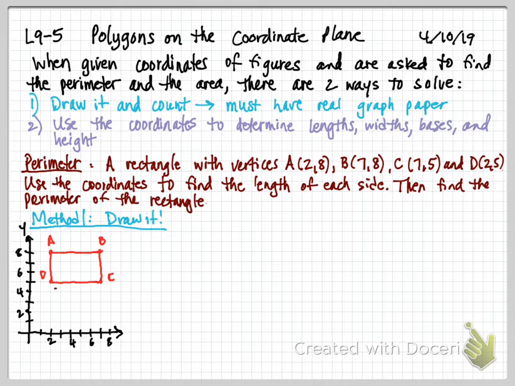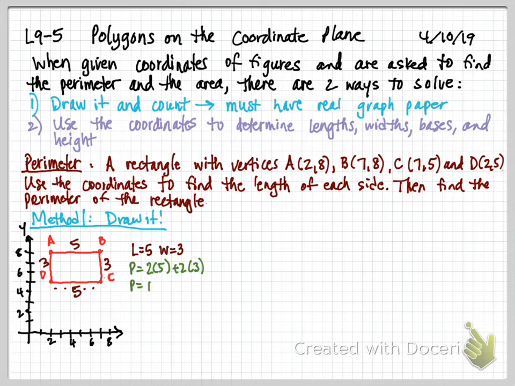All right, so what I'm going to do is count. So let's see, 1, 2, 3, 4, 5. So this is 5, 2, 3. So this is 3, and opposite sides would have the same measurements. Okay, so from here I can determine that the length is 5 and the width is 3. So to do perimeter, I'm going to have 2 times the length plus 2 times the width. 2 times the width of 3.